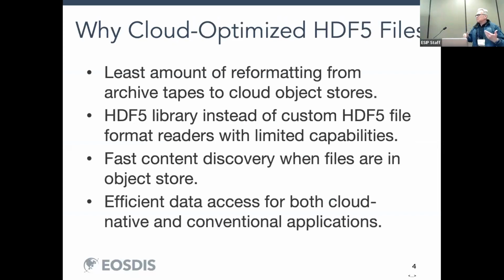This is why I started thinking about how to produce cloud optimized HDF5 files. I wanted to find a sweet spot where DEX or any other archive of HDF5 files will not have to reformat them every which way for every kind of use. But because people still download HDF5 or netcdf4 files, we want a configuration that will work for both types of users, both in the cloud and for those who download files and access them in the more traditional ways.